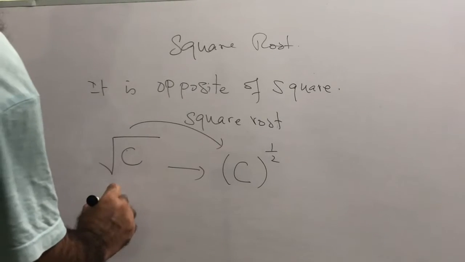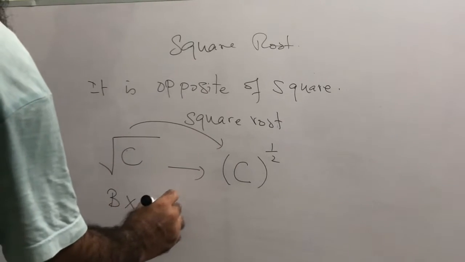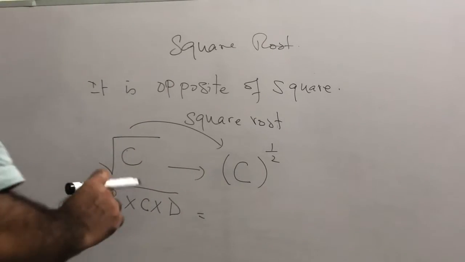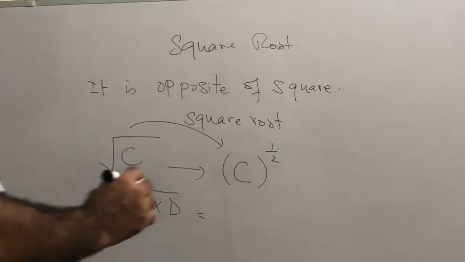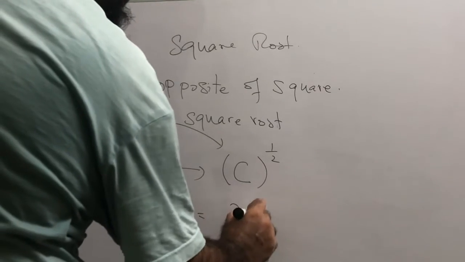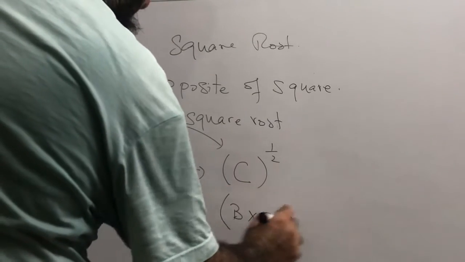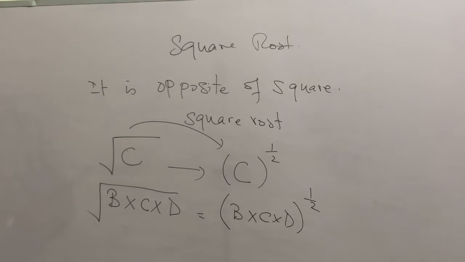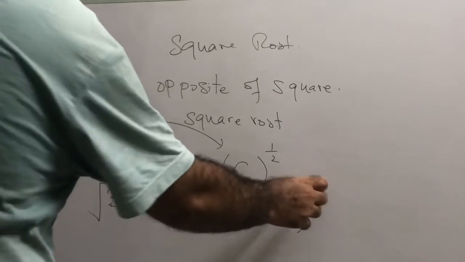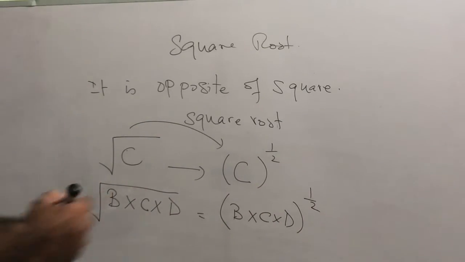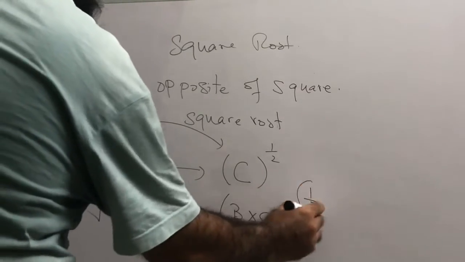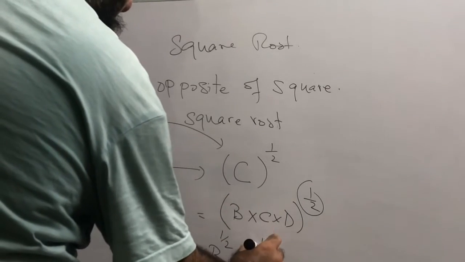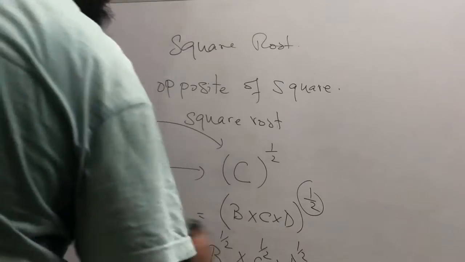If we say B multiplied by C multiplied by D under root, we can write it in power form like this: B into C into D whole power 1 over 2. All have power 1 over 2, so we can give this power to each one: B power 1 over 2 into C power 1 over 2 into D power 1 over 2.